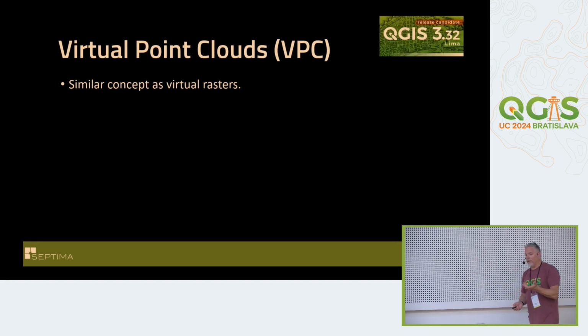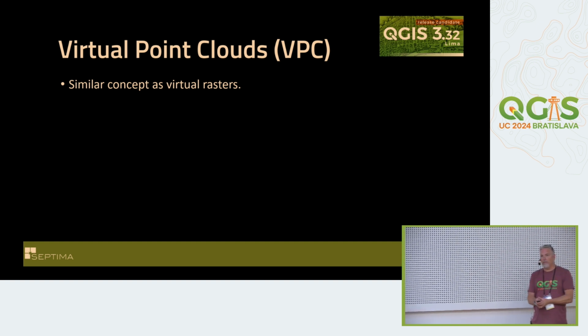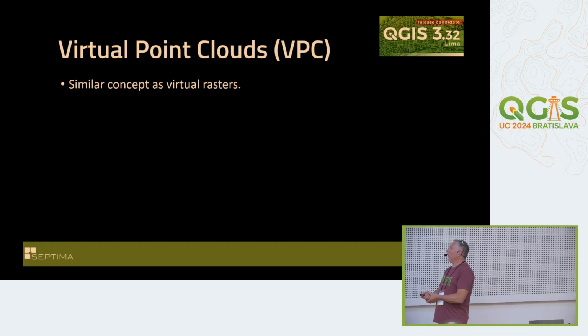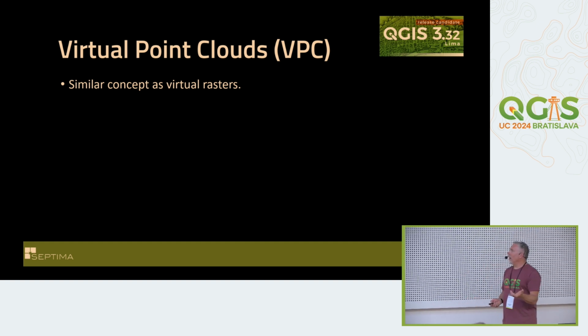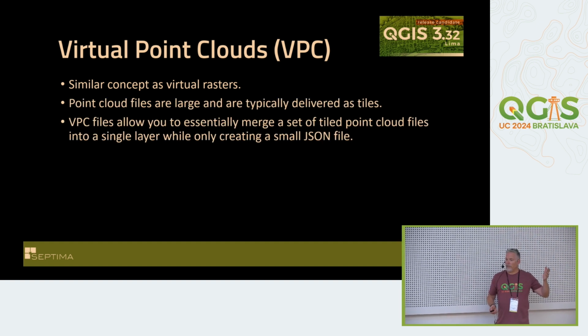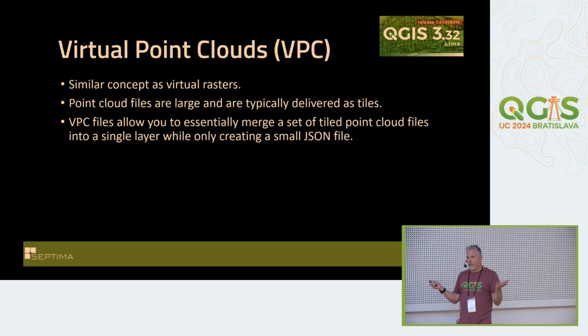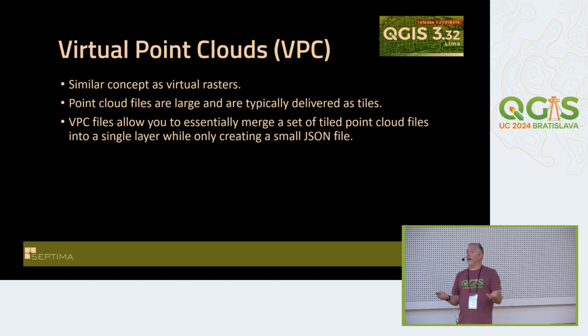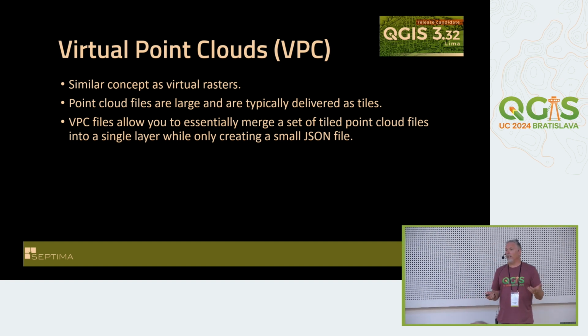So again, there's this other method of doing what I just did, using the VPC algorithm to create a virtual point cloud. It's the same concept as virtual rasters. And so this VPC allows you to essentially merge that set of tiled point clouds into a single layer, but you're just creating a JSON file in this case, so it's much lighter weight.